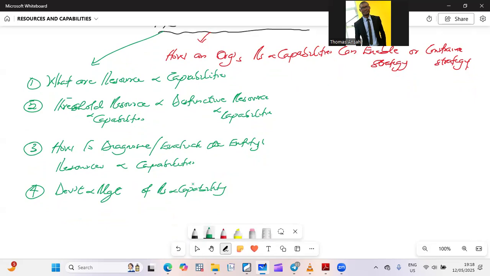So we will first find out what are resources and capabilities. And when we are able to do that, we are going to distinguish between threshold resources and capabilities and distinctive capabilities, where we will use the model of VRIO to analyze these distinctive capabilities. And when we want to diagnose it, we will use the same VRIO analysis. We will use value chain analysis, value chain and system analysis.